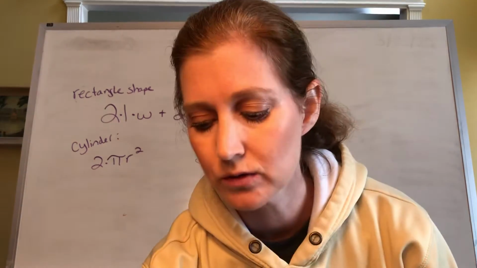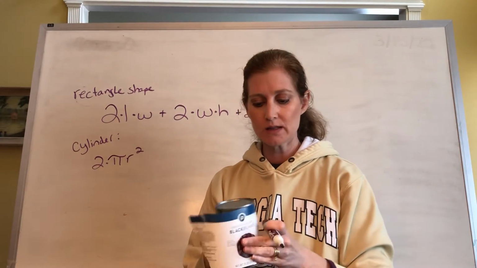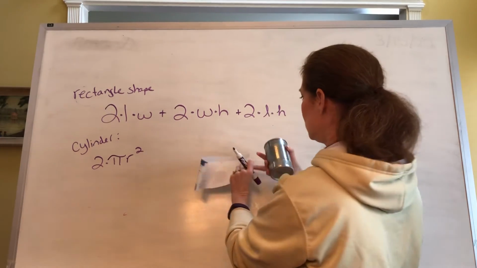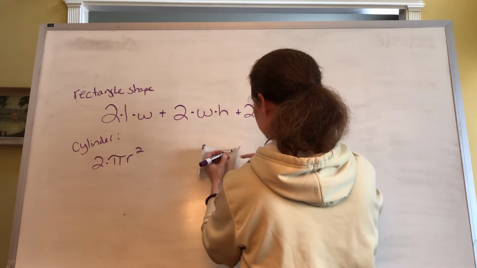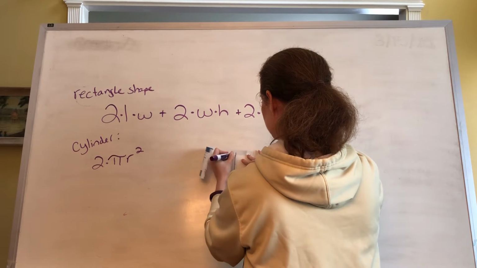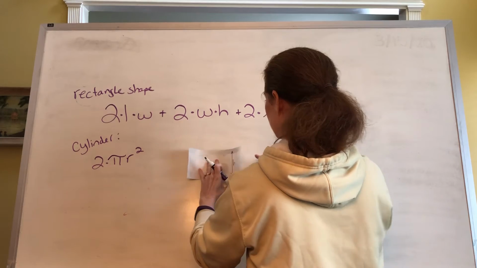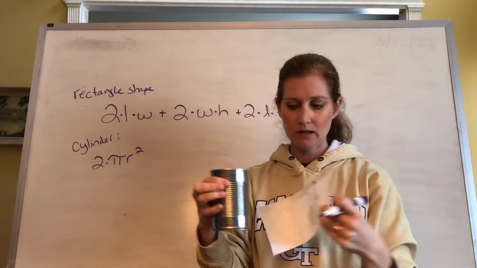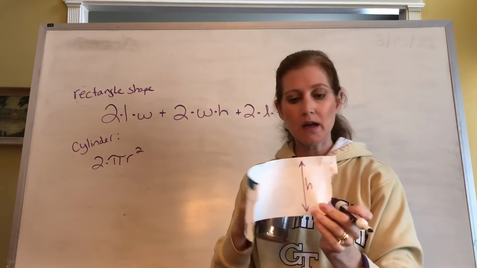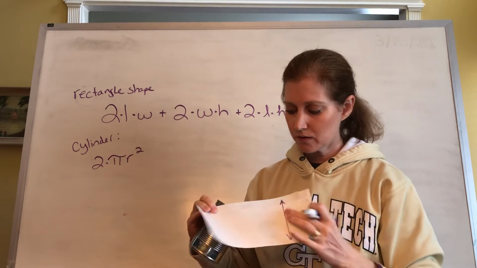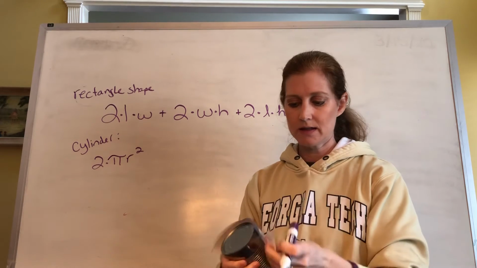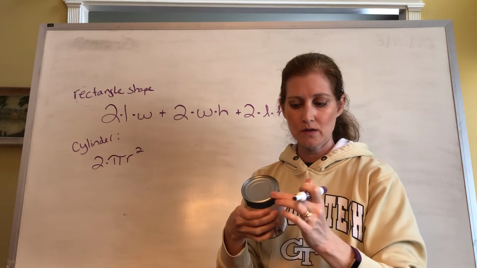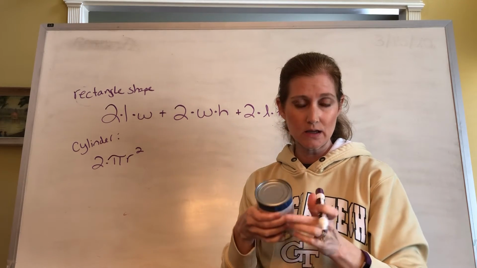That's what goes around, okay? And so it's going to be the height here. So to make the rectangle, I've got the height. It's going to go around that can. And I've got length. And as that length goes all the way around the can, that distance is the circumference.